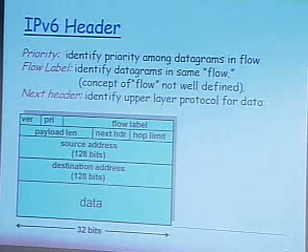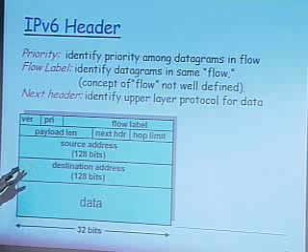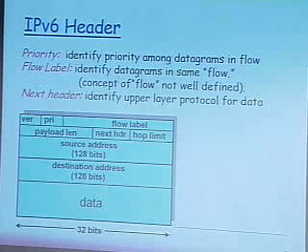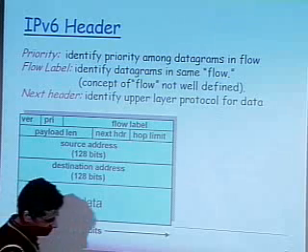Another thing that's missing here is the checksum field. There is no checksum field here because checksums and error detection are done in all sorts of layers. Doing it in IP doesn't give you much, and it speeds up processing. It's one less thing that a router has to do when doing the forwarding. The checksum has been removed from IPv6.